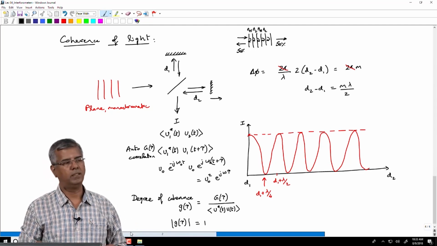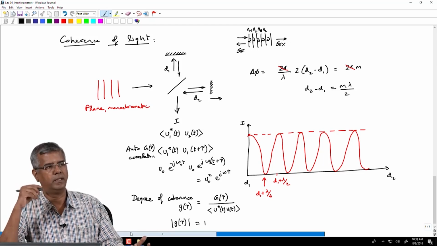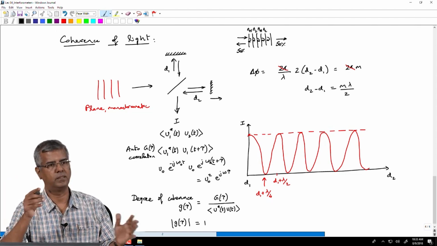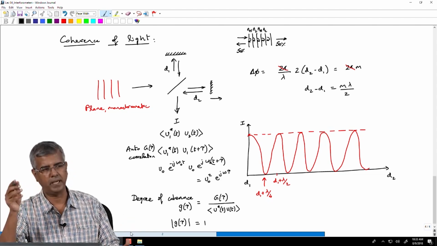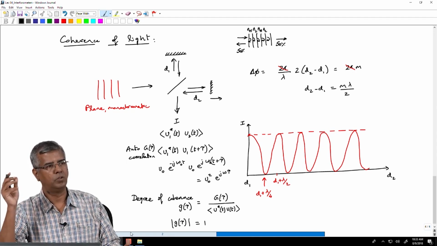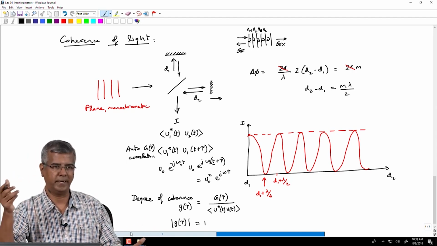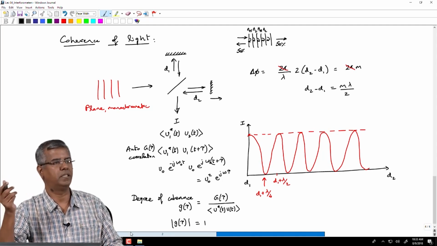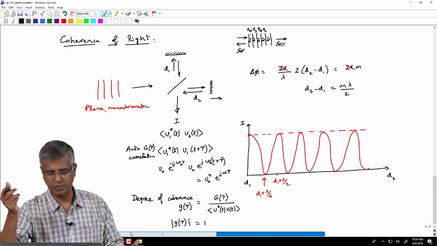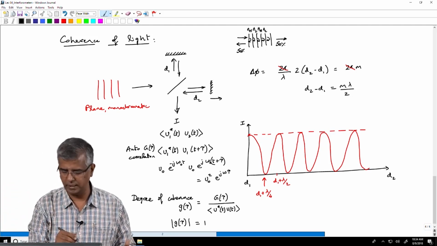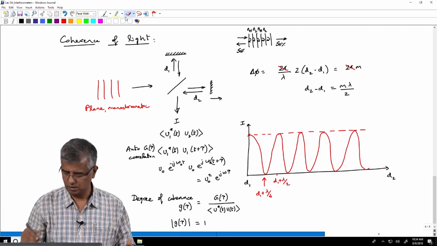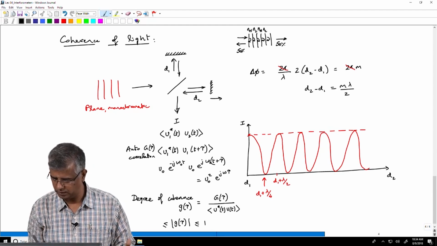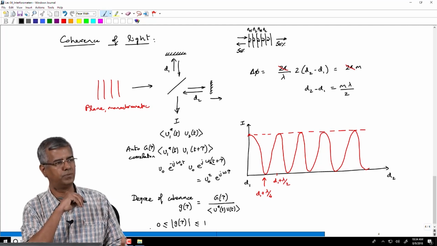And you can also define, on the other end of this spectrum, a totally uncorrelated source, and that is going to be g of tau equal to 0. So, the magnitude of g of tau is something that is going to take values less than or equal to 1 and greater than or equal to 0, okay.